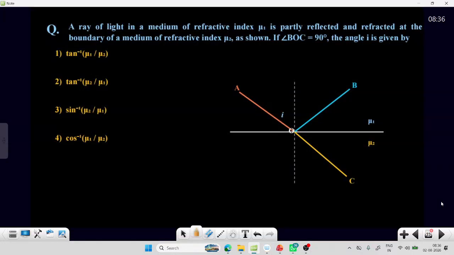Angle BOC is equal to 90 degrees, then they ask for the angle of incidence. Try this one.